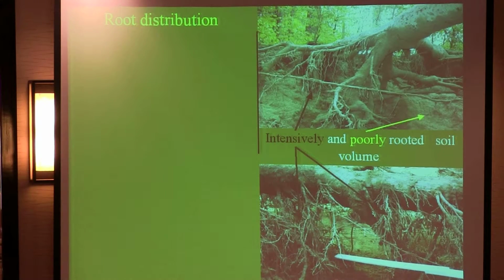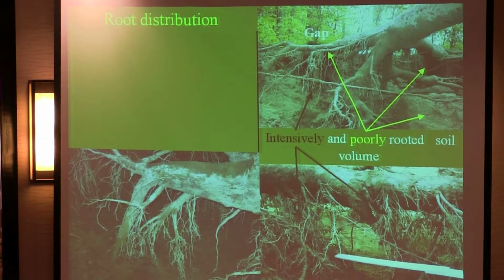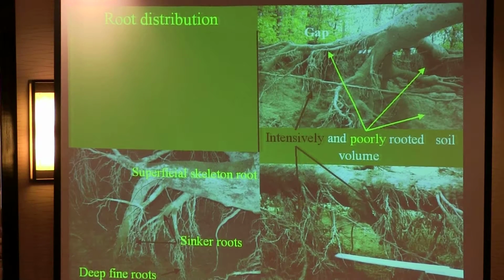Sometimes I use methods to measure root area or dry mass, usually. Unfortunately, people are sampling using tubes, and they sample a volume of soil, including fine roots and also skeleton roots. But there are places, for example, look here.